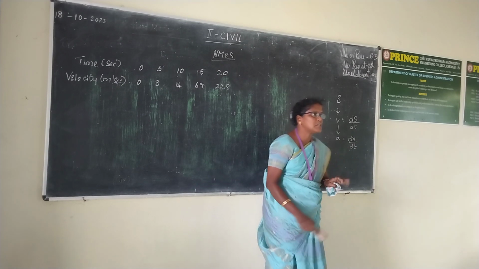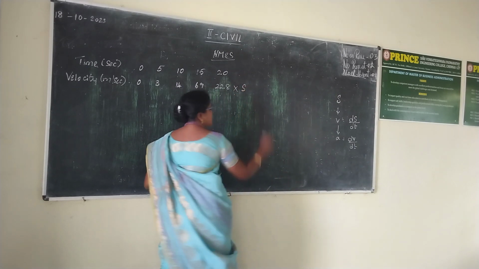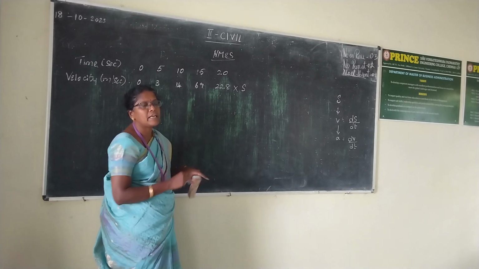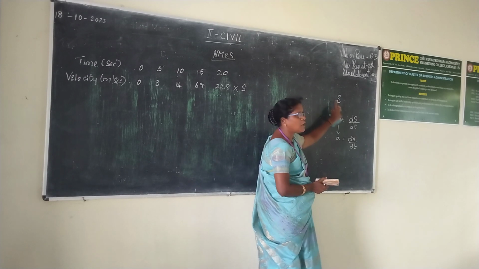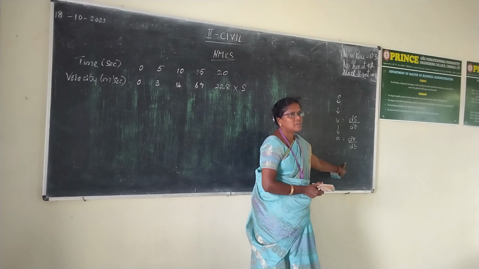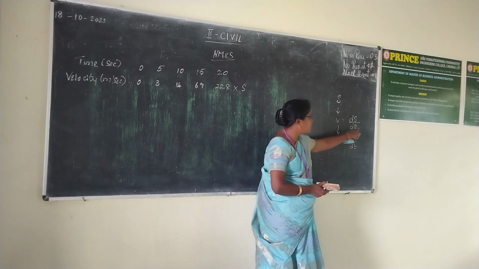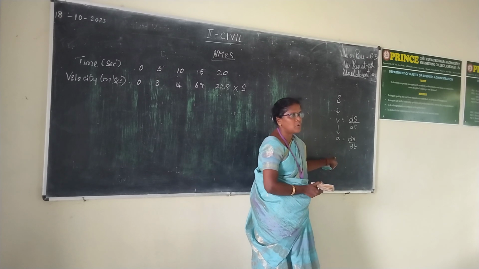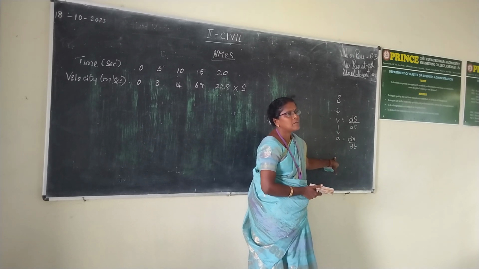In some problems, instead of velocity they will give the displacement. From displacement, how will you find acceleration? You have to find the velocity first. You differentiate one time, ds by dt. To find acceleration you differentiate the second derivative, not square.